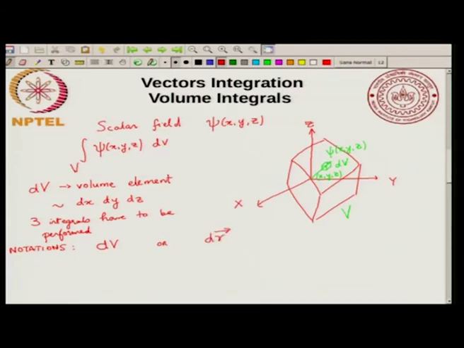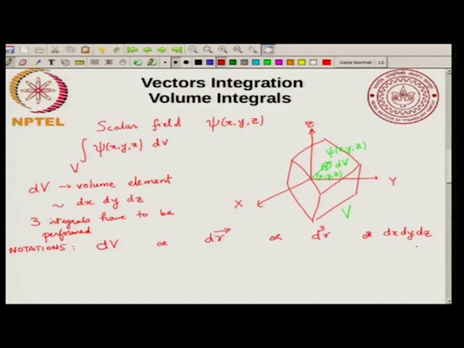Again the dr vector is used to define a volume integral. Or you can use d cube r, without a vector sign. Or you can just say dx dy dz. Dx dy dz is if you are using Cartesian coordinates.